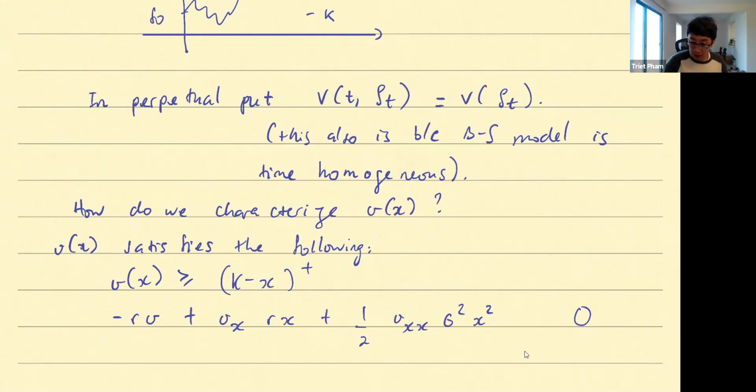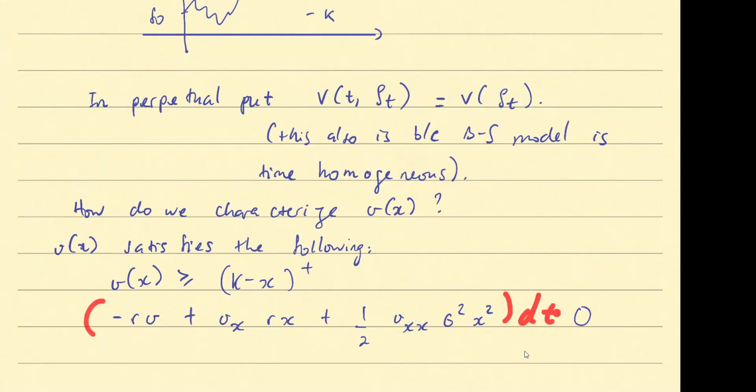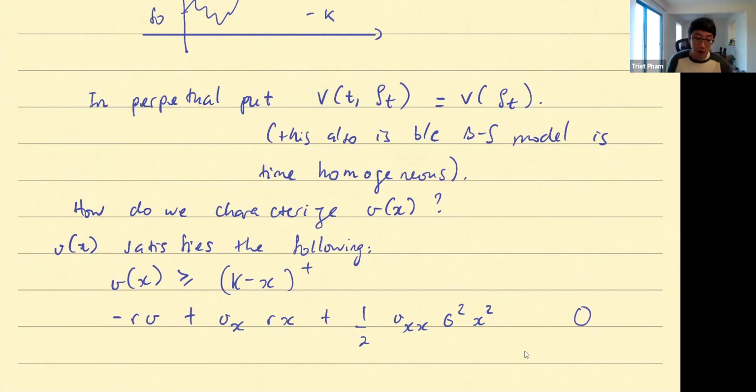Remember, this is basically the dt term. And super means going down. If it goes down, then what makes it go down? Less, because dt is a change in time.